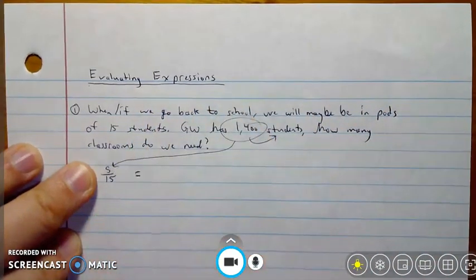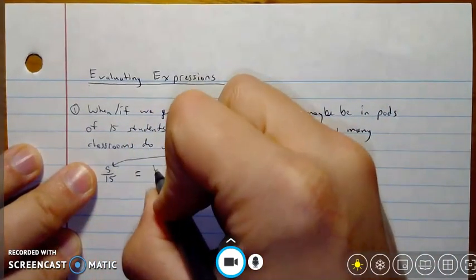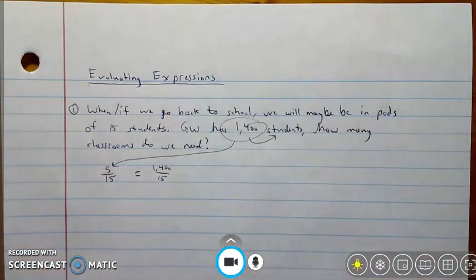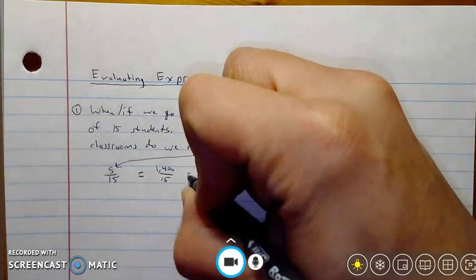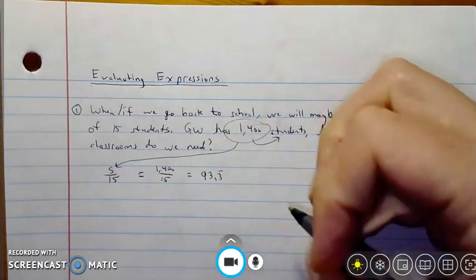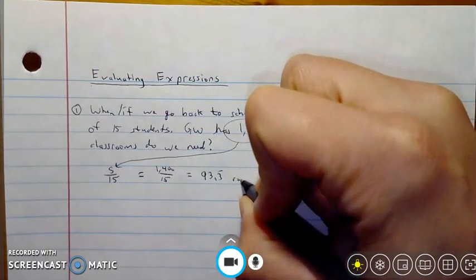Let's substitute that in for S. So that's 1,400 divided by 15. Get out your handy dandy calculator, and you should end up getting 93.3 repeating rooms.